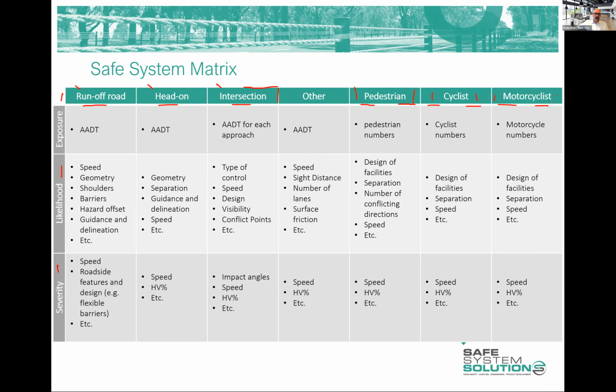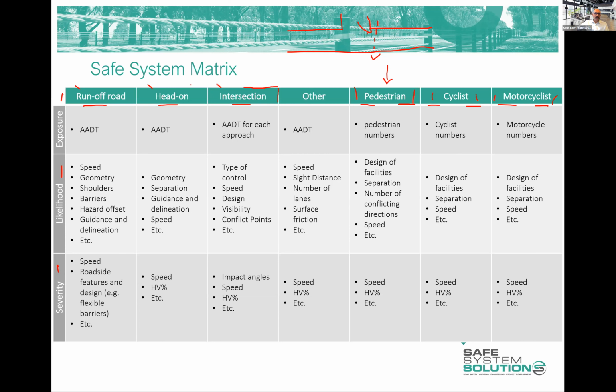So if we had, for example, an intersection, and we're worried about pedestrians crossing here and being struck by vehicles turning, that's in the pedestrian column where we account for that. Even though it happens in the area of the intersection, it's a pedestrian one because the pedestrian is the one that's injured.